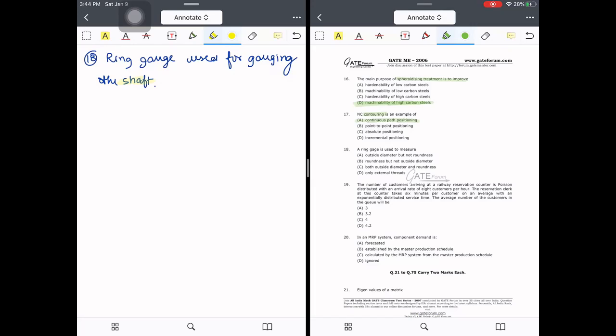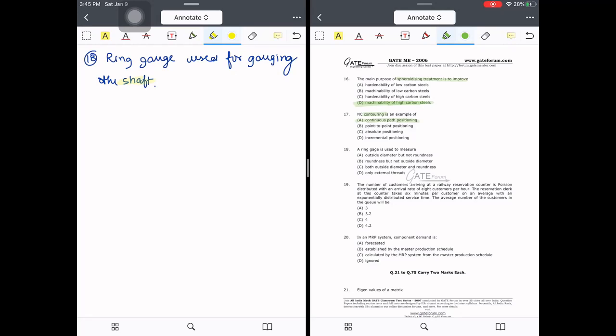Now let us see question number 18. A ring gauge is used to measure the shaft. The options are outside diameter but not roundness, roundness but not diameter, both outside diameter and roundness.